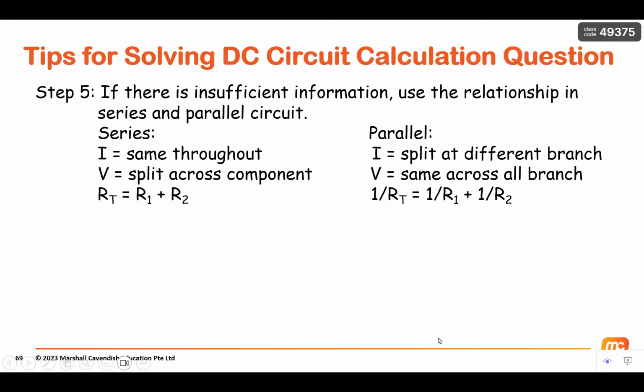But for resistors in parallel, you need to get the reciprocal: 1 over RT equals 1 over R1 plus 1 over R2, and remember, you need to flip it. For series, whenever you add more resistors, the total resistance increases. But when you add resistors in parallel, the more you add, the lower the total resistance gets.